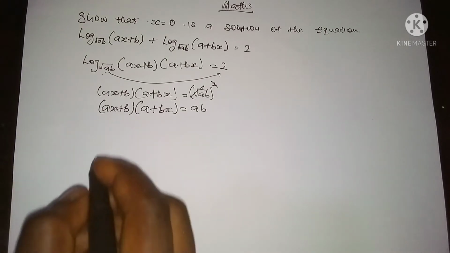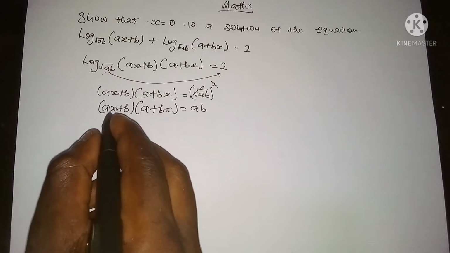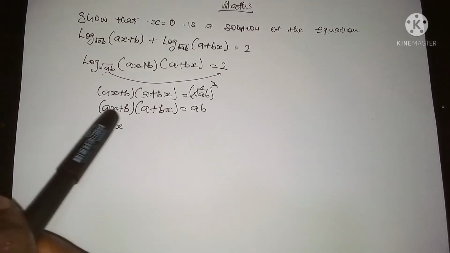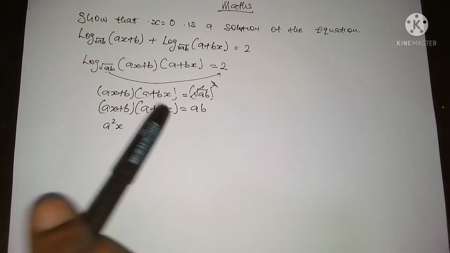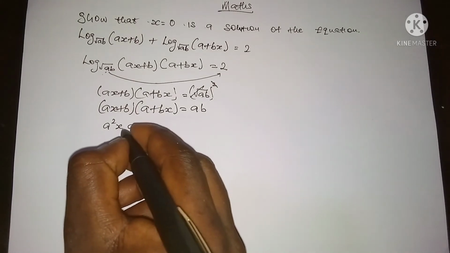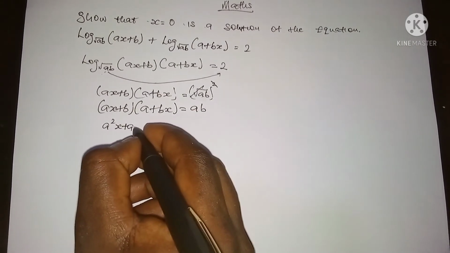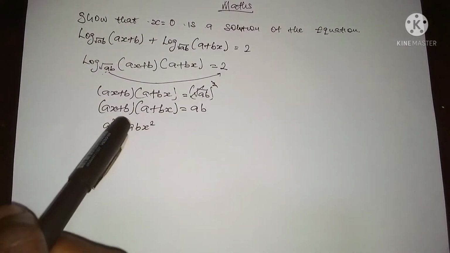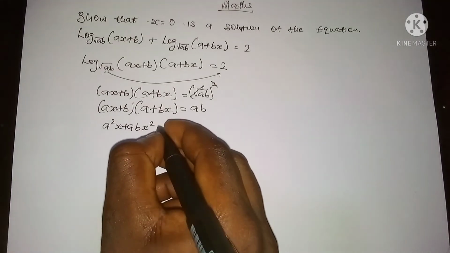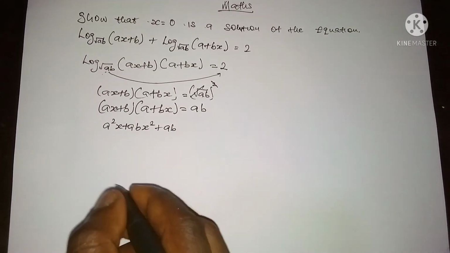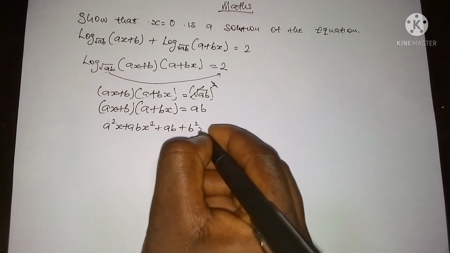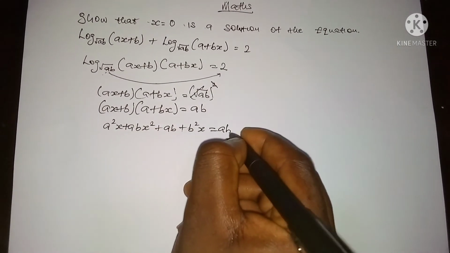From this place, we can multiply to open the bracket. If we open the bracket, we'll have ax into a, which gives a squared x; ax into bx, which gives plus abx squared; b into a, which gives plus ab; then b into bx, which gives b squared x, which is equal to ab.